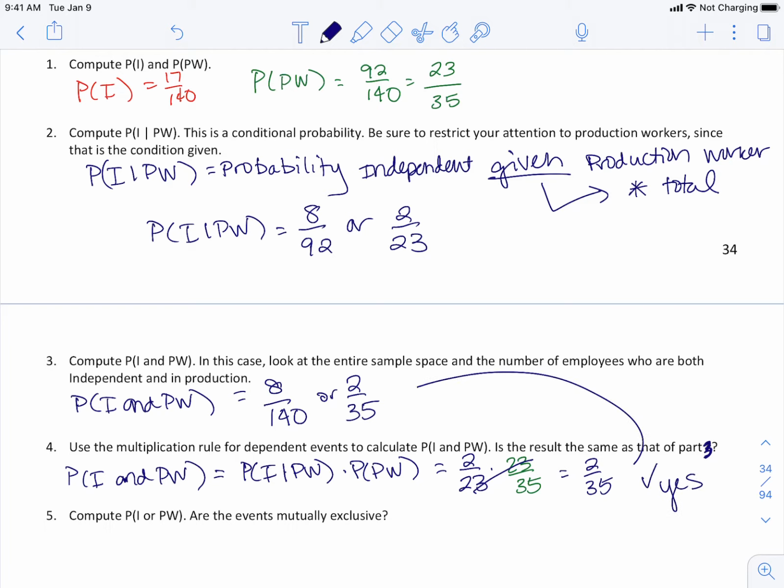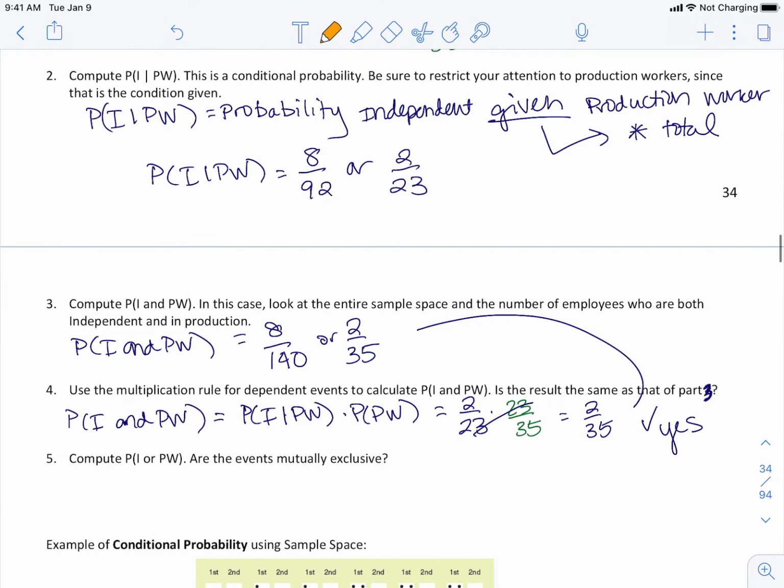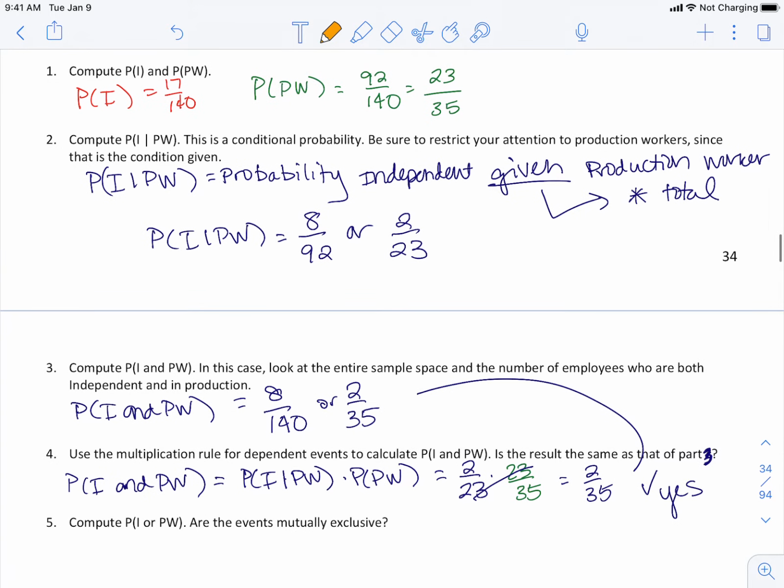number 3. Okay, now we need to compute the probability that someone was independent or a production worker. And then we're wondering if these are mutually exclusive. So the probability that someone is independent or a production worker is the probability of independent plus the probability of production worker minus the probability of independent and production worker.